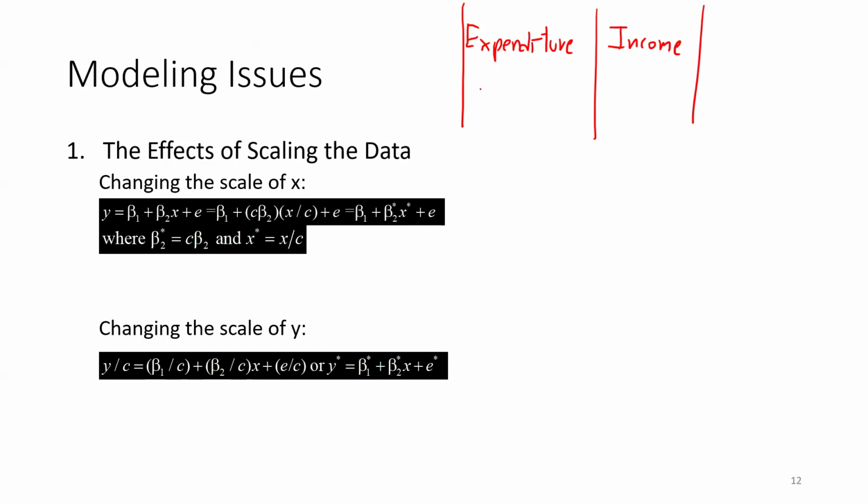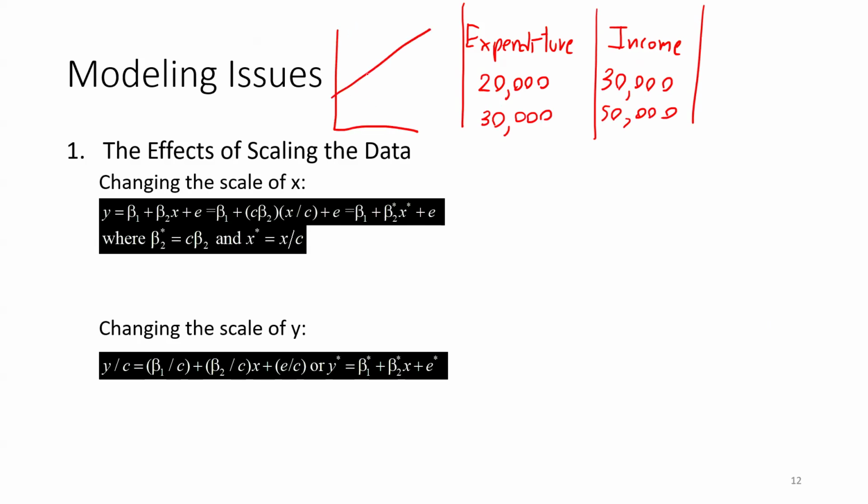You collect the data. One person spends 20,000 while their income is 30,000. The second person spends 30,000 per month, but his income is 50,000 per month. You do the equation and get beta, for example, 0.8.